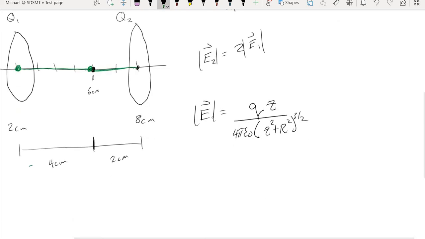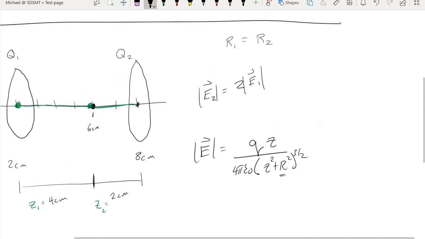And so ring 1 has a z value equal to the 4 centimeters, and ring 2 has a z value equal to the 2 centimeters. The R value in these expressions is the radius of the ring itself. And we already said R1 and R2 are going to have the same radius, so we'll just call that R from now on, instead of trying to differentiate between the two.